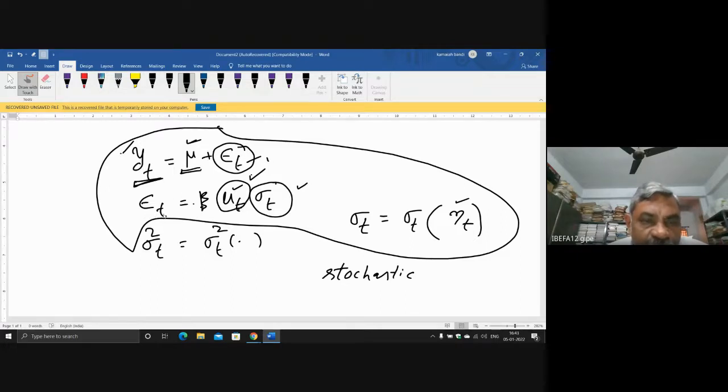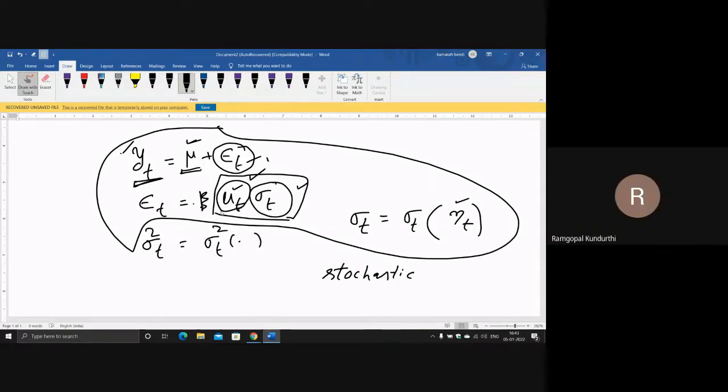Since epsilon t is random, you make it random by introducing ut. That is the basis for this. Now please ask your question again.